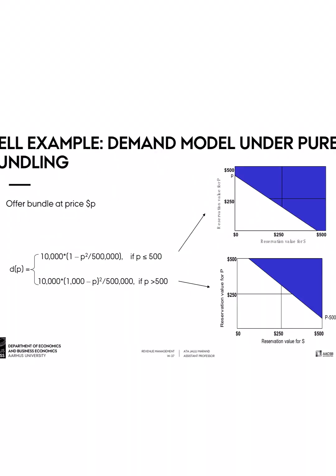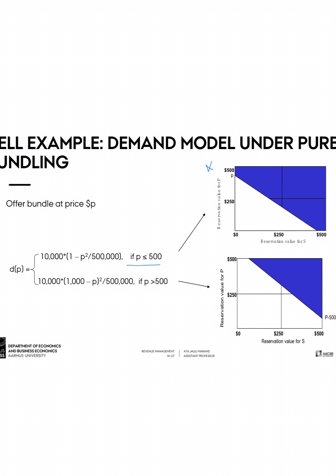So we work out the demand function when the bundle price is less than 500 or greater than 500. When the bundle price P is less than 500, we can see the first graph here.